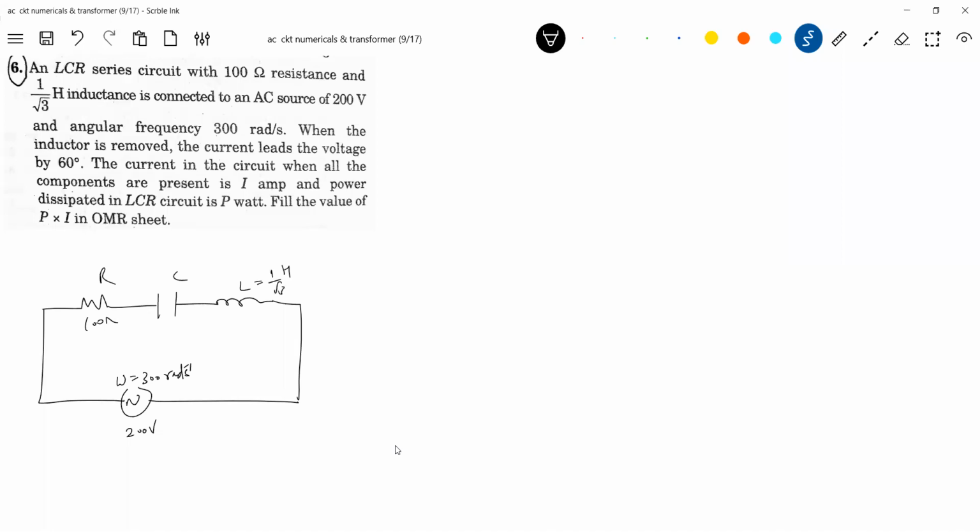This much is there. When the inductor is removed, the current leads the voltage by 60 degrees. That is the circuit when all the components are present. I'll bring another circuit across the same source, 200 volt, and this is 300.